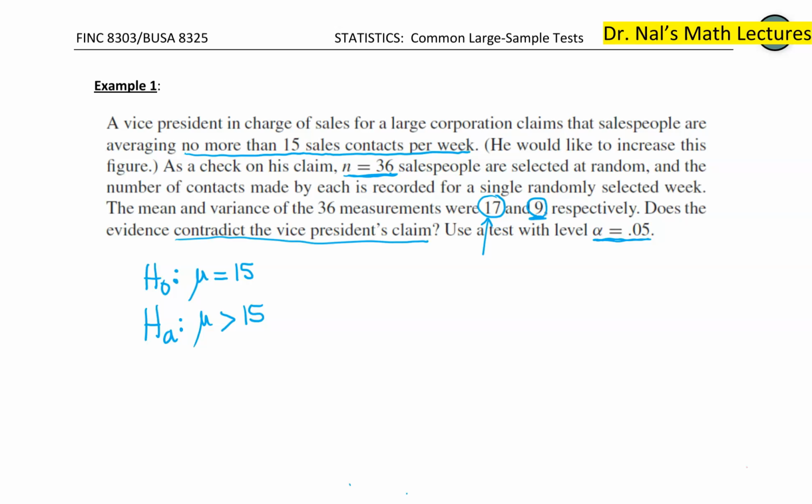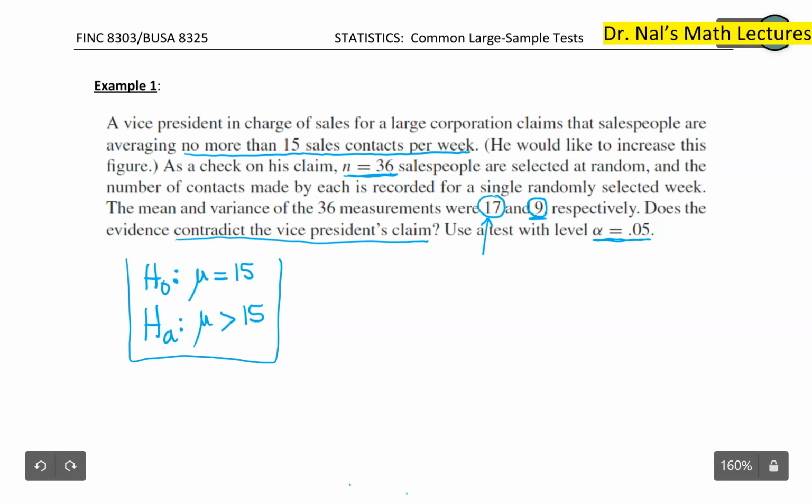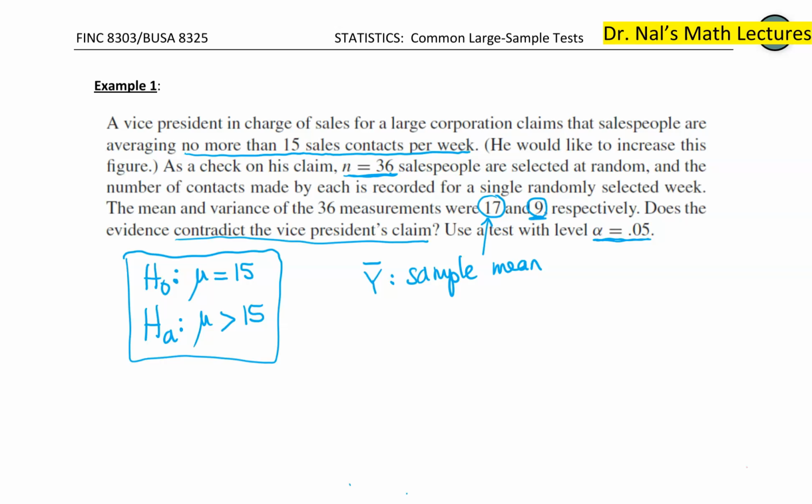In our previous video, we looked into the distribution of the sample mean. We realized that the sample mean is an unbiased estimator of the population mean, right? Let's call it y bar. So y bar is the sample mean, and we claim that y bar is an unbiased estimator of mu, the population mean.